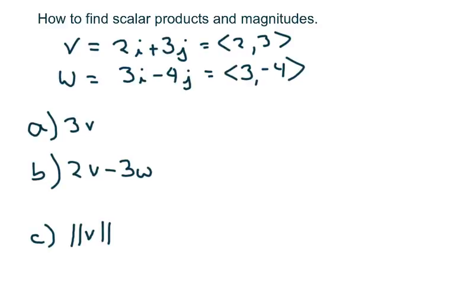Hi everyone, we're going to learn how to find scalar products and magnitudes. It's pretty easy, and these are the two vectors I have written in i and j and the two different vector notations. So the first thing we want to do is the scalar product, and we're going to multiply 3 times my vector here.